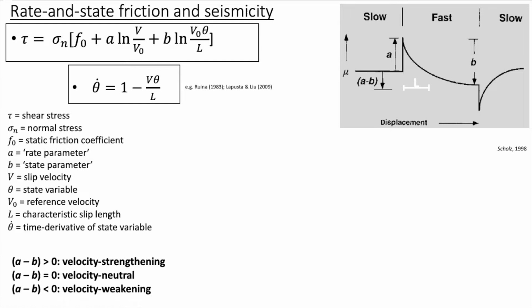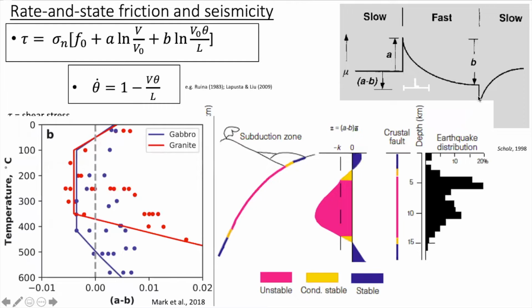These behaviors are broadly described by the lab-derived parameters a and b, which describe the direct effect and the indirect effect on friction from the velocity step. Lab experiments for different rock types typically show low-temperature velocity strengthening behavior, followed by higher-temperature velocity weakening behavior, and transitioning back to velocity strengthening behavior above temperatures of 350 to 400 degrees C. We can quickly look at how these map with depth in subduction megathrusts or crustal faults.